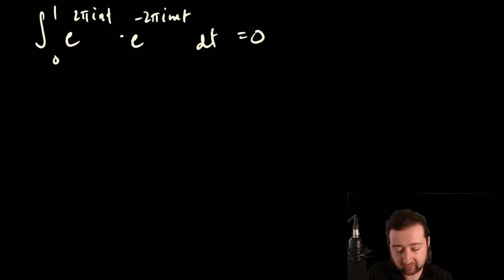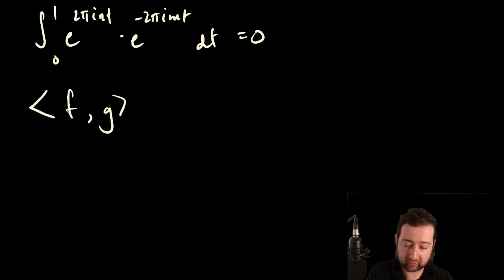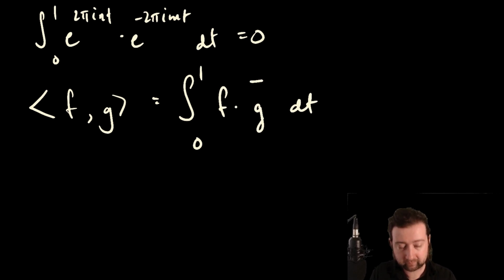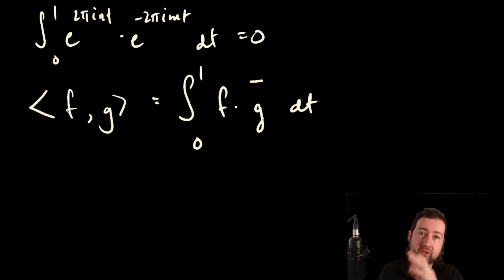Well, what if I let an inner product of f and g be the integral from 0 to 1 of f times the complex conjugate of g? I have to use the complex conjugate because the space of functions I'm working with is a complex valued space of functions. If I want the norm, the absolute value expression, to work correctly, I have to conjugate the second entry when I take the inner product.